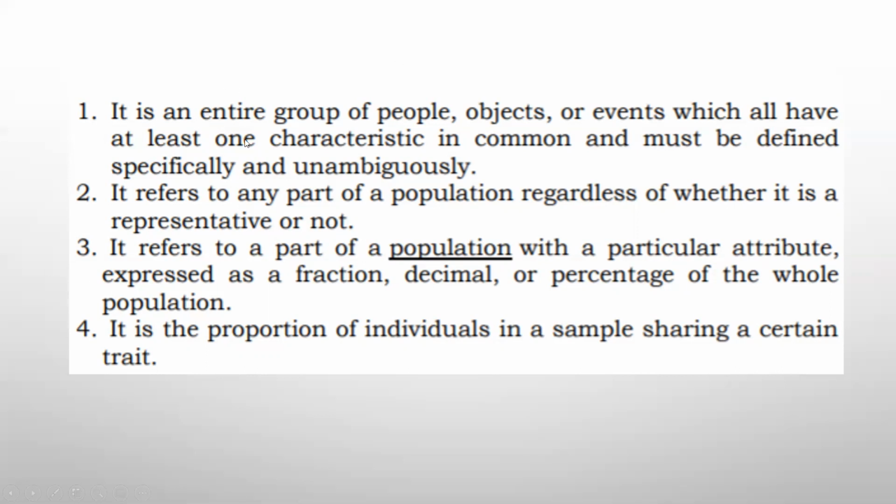Any idea? Entire group. Population po, sir. Correct. It's the population. So, pag tinawag natin population, it is the entire group. Maaaring at least may isang characteristic silang pare-pareho, pero hindi lahat ng characteristic nila ay pare-pareho. It can be defined pero masyadong malawak ang pagka-define kapag population.